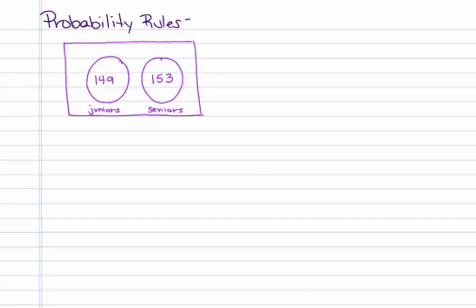So to find the probability of, let's say, a junior, you would take the total amount of juniors over the total number of students all combined, which I think is 302. And that's the same type of probability that we've been working with.